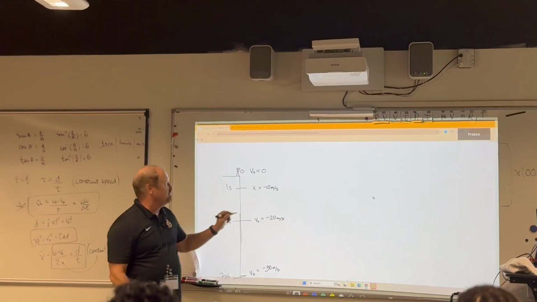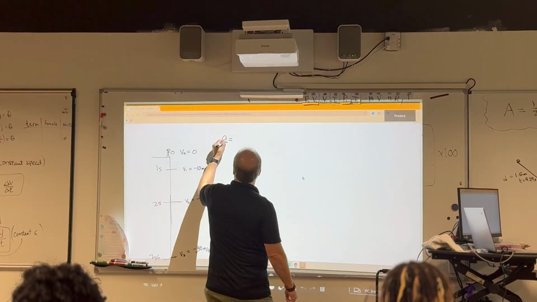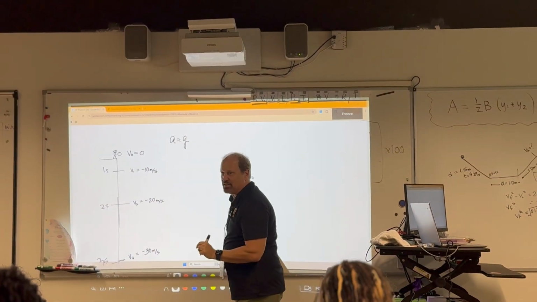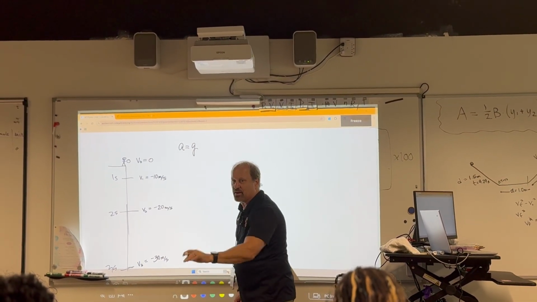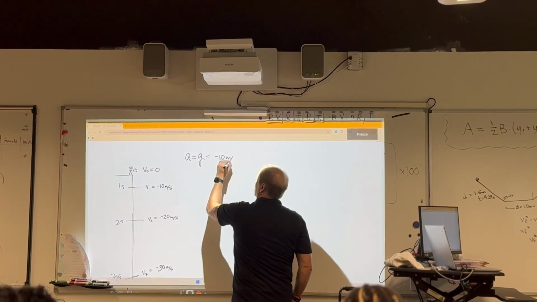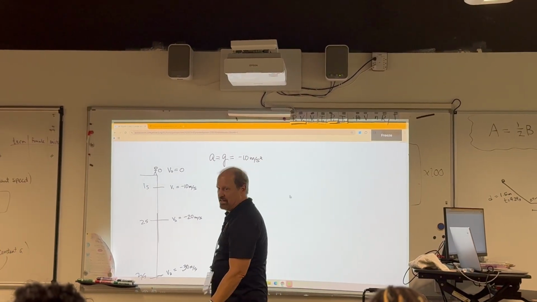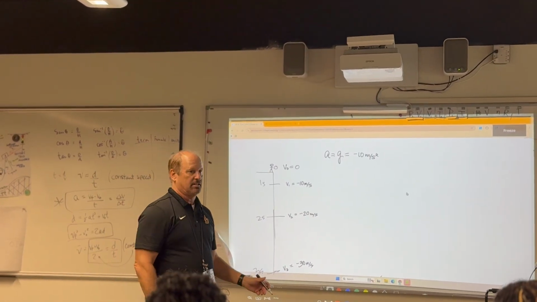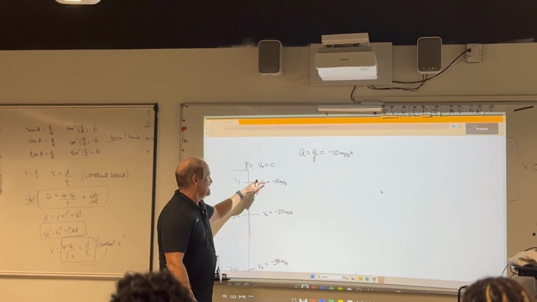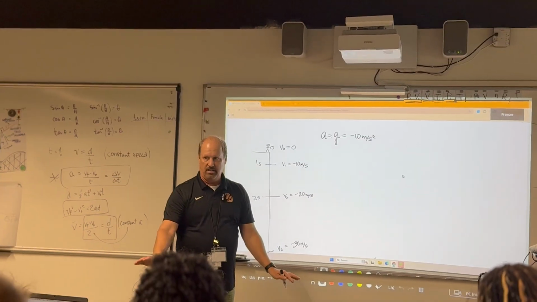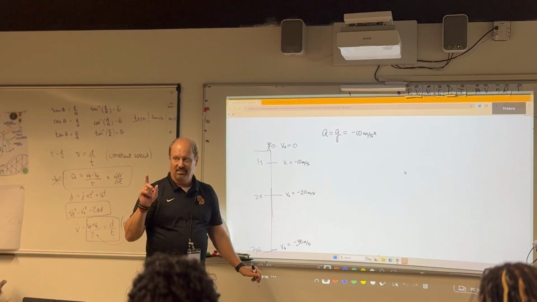So the acceleration is equal to, we're going to call that G. The special case for acceleration of G, of things that are freely falling, is negative 10 meters per second squared. That means negative 10 meters per second every second. So negative 10, then negative 20, then negative 30. Nothing magic.